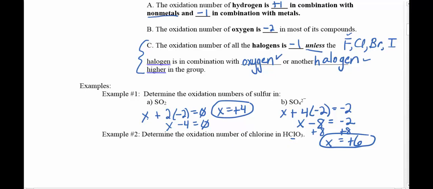And so how does that affect its oxidation number? Well, it changes it. So let's look at all of these. We're going to figure out what chlorine is. It's now unknown since it's in combination with oxygen here. So hydrogen with nonmetals is plus 1.